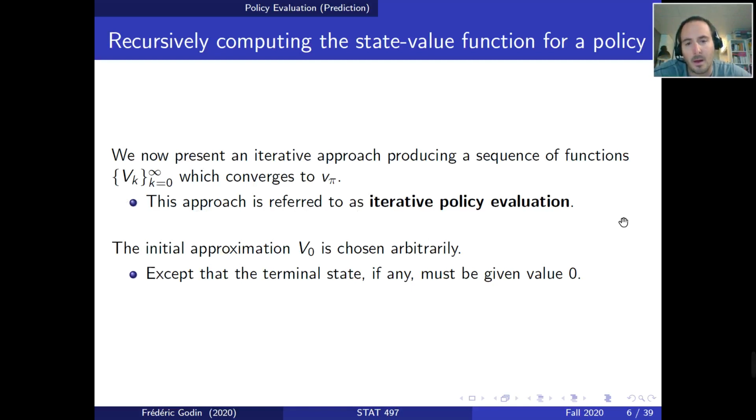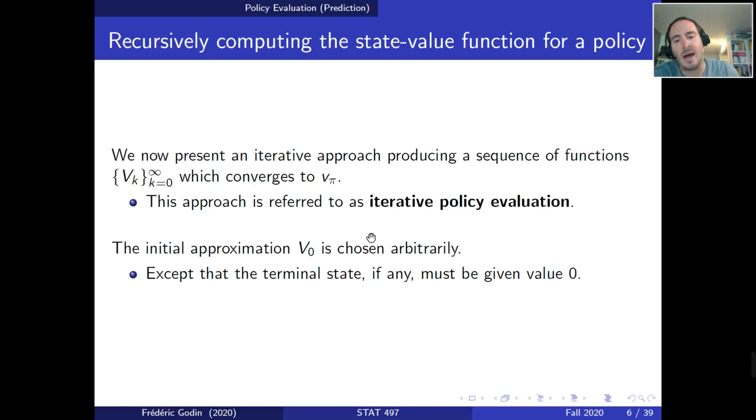So how does it proceed? First, we're going to discuss how to come up with that sequence. The first thing we do is to select the first function in that sequence, v0. v0 will be chosen arbitrarily. For all the states s, we can set initially v0 of s equal to any real number you want.